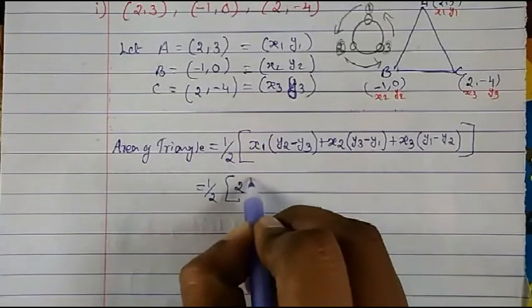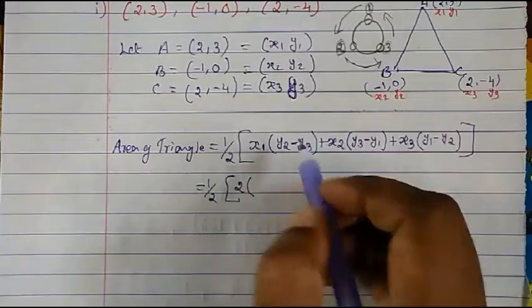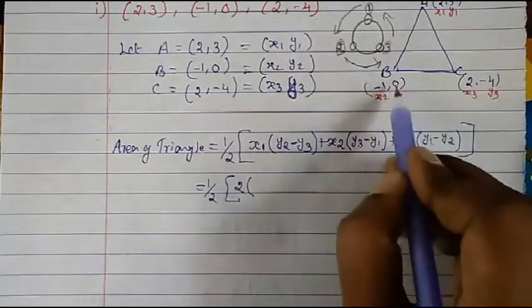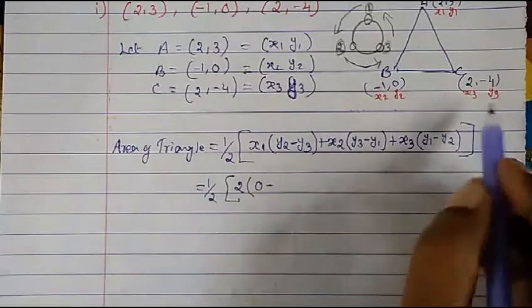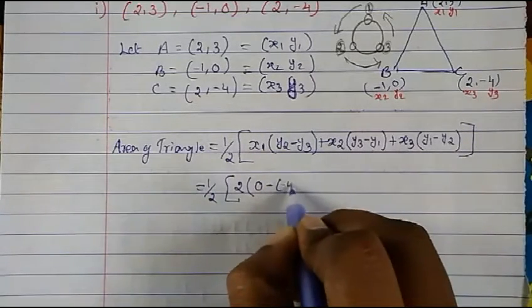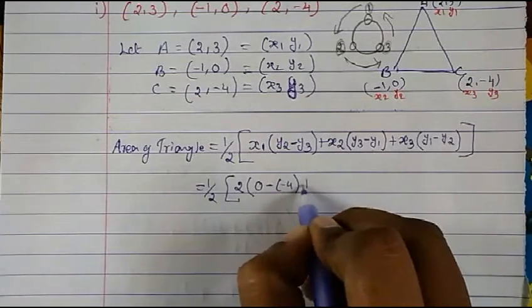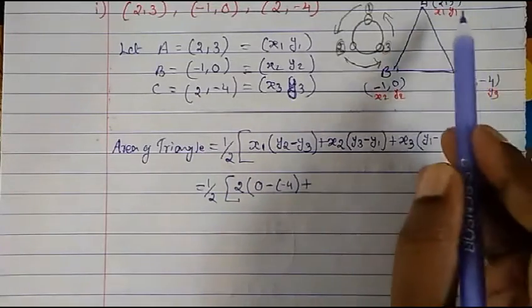We know x1 is 2 and y2 minus y3, or you can see it from here also: y2 is 0 minus y3, which is minus 4.